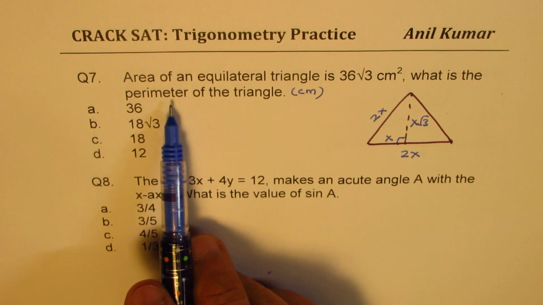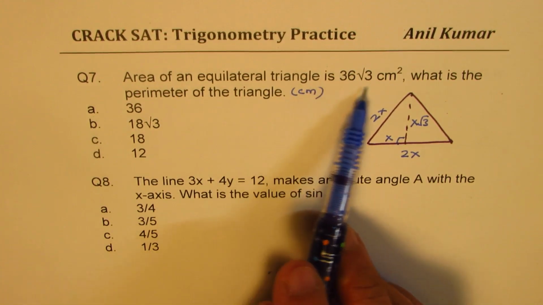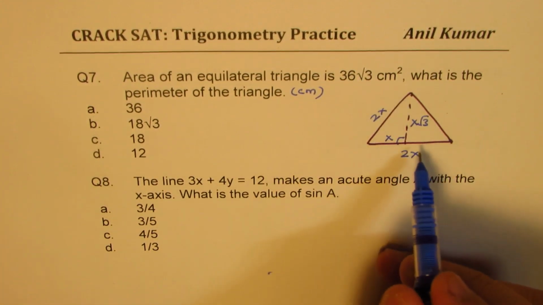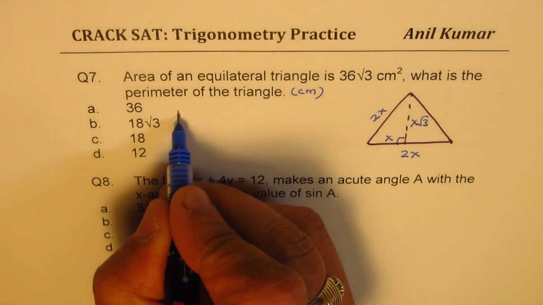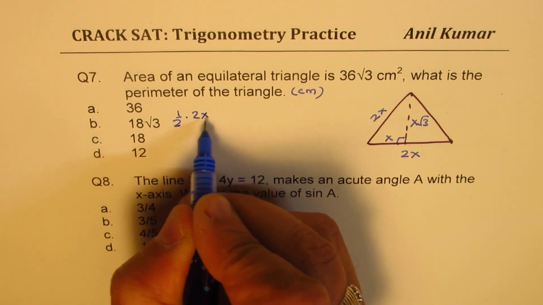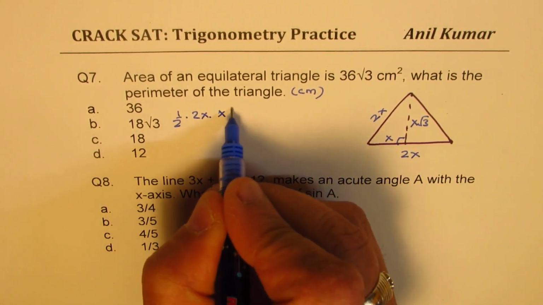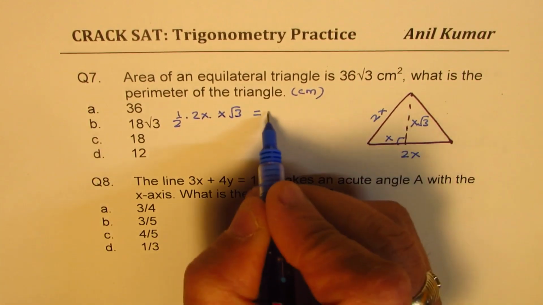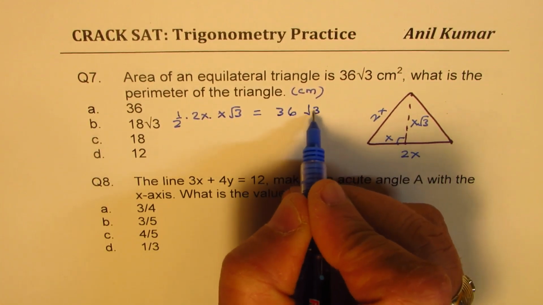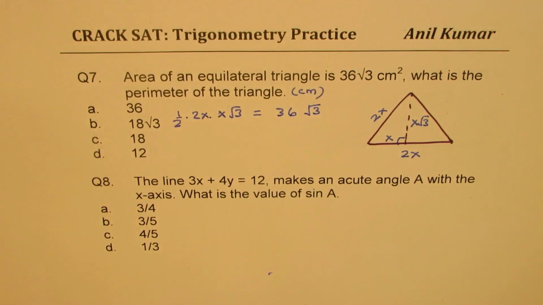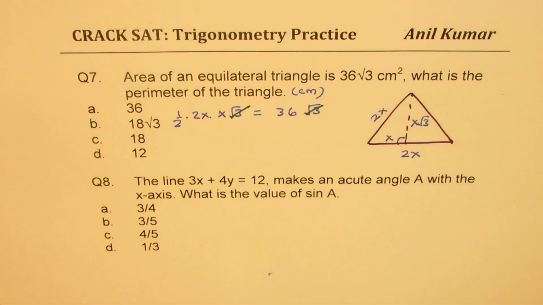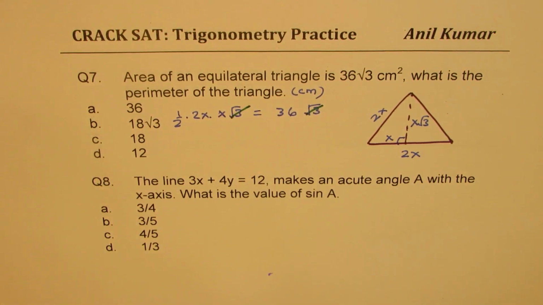Now it is given to us that the area of the equilateral triangle is 36 square root 3. So the area of the triangle will be half of 2x times x square root 3, which is given as 36 square root 3. We could cancel the square root 3 and then find the value of x.